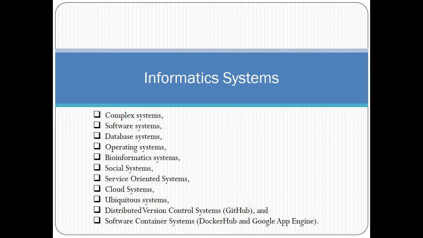Then service oriented systems means various web services available on the internet, like Google Classroom, Google Meet, and the Gmail system. All these are services provided by Google, and Facebook also provides some services. Instagram is also a kind of service that is available on mobile devices.